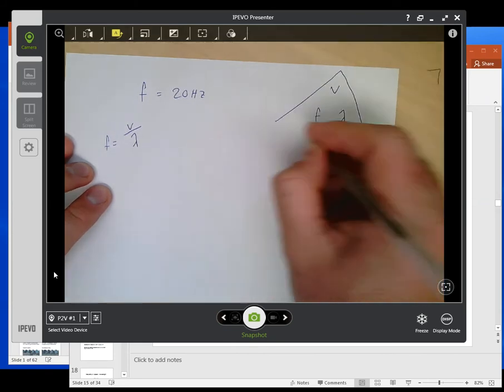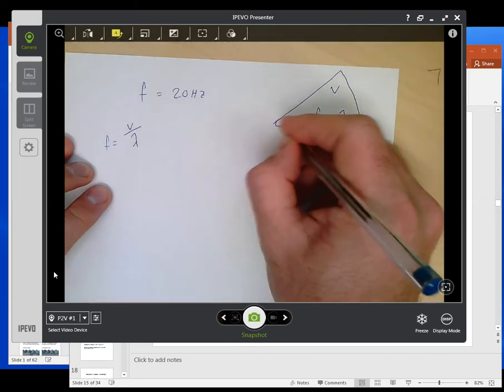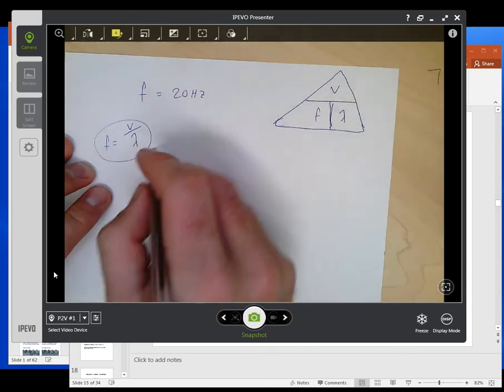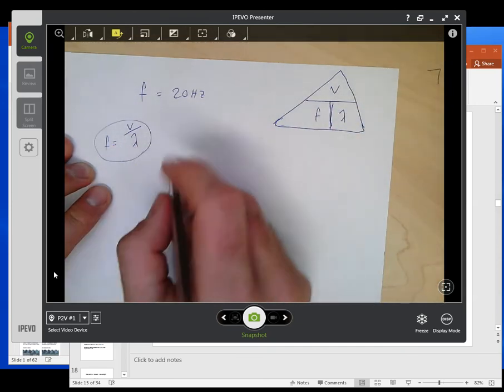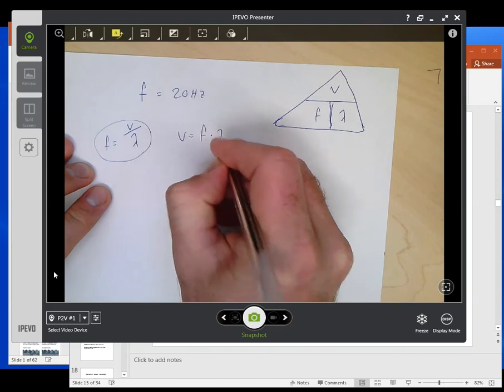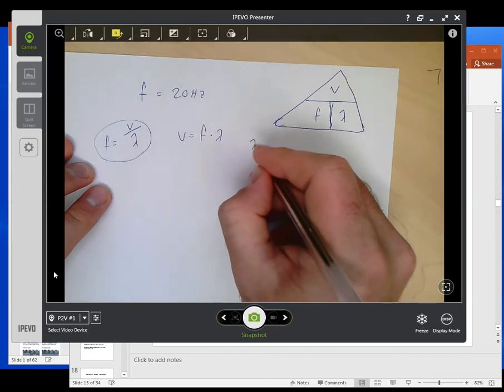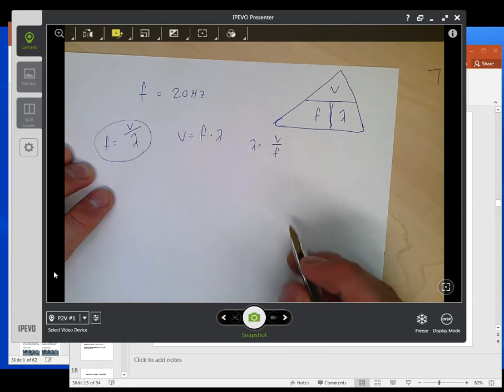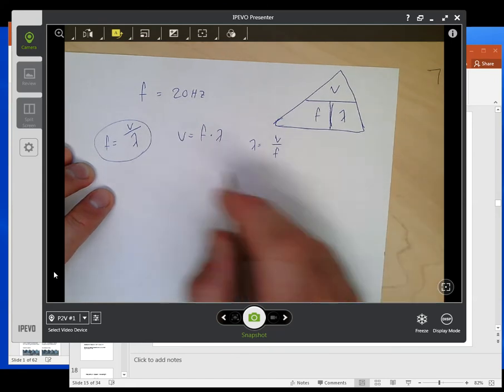This is a mnemonic device that you might consider writing down on your crib sheet. This tells us that V is equal to F times lambda, or lambda is equal to V over F. And that's all the different varieties here.